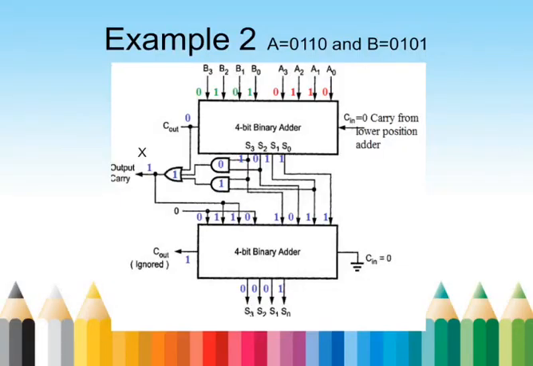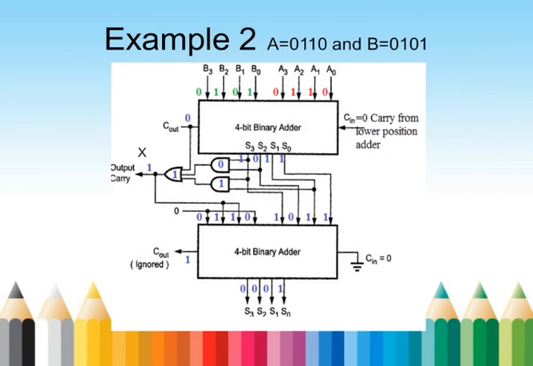Similarly, consider A as 0110, whose decimal equivalent is 6, and B as 0101, whose decimal equivalent is 5. If we add 6 and 5, the output is 11. The same can be expressed with the help of the BCD adder. We express the same A and B values in the circuit.